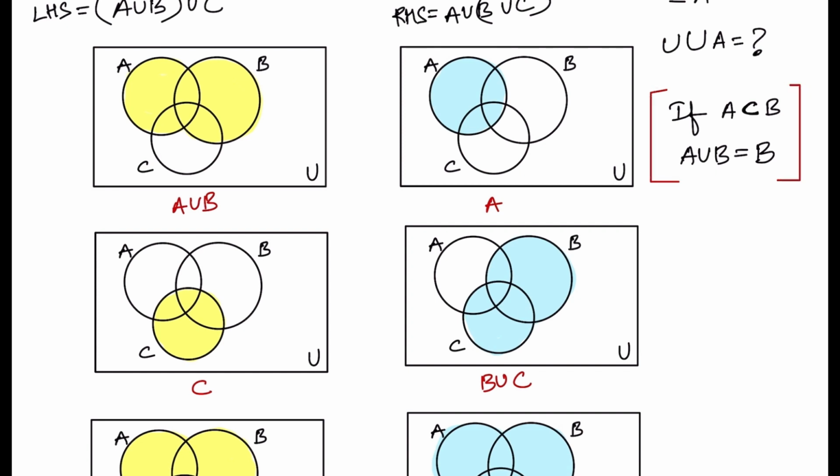If A is a subset of B, A union B will always be B because A has already every element in B. So because A has every element in B, the union will be B itself.